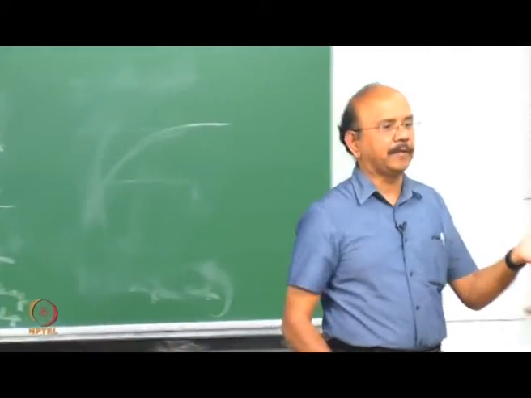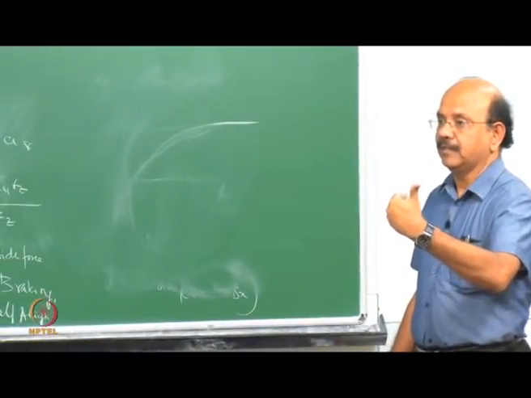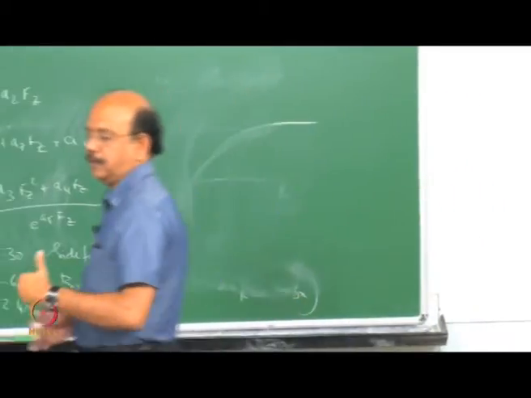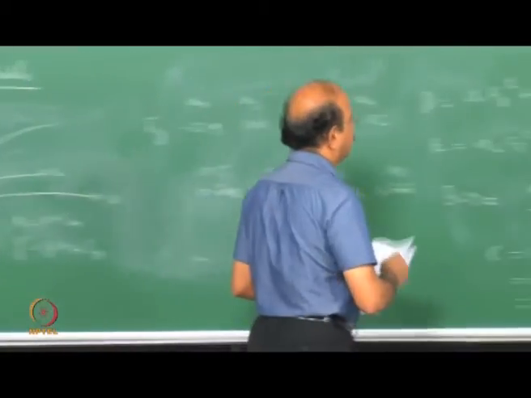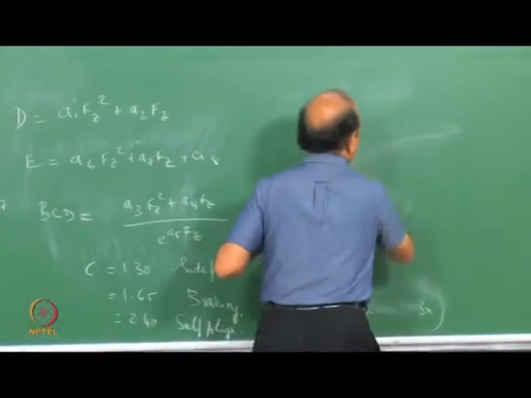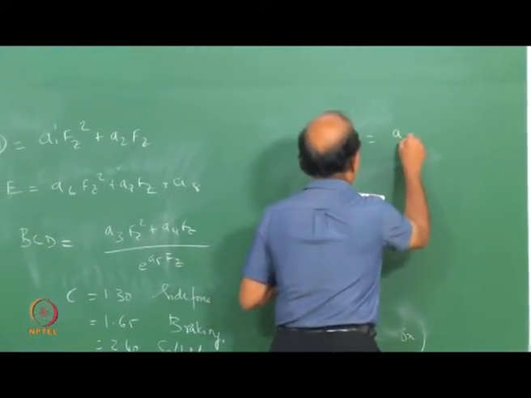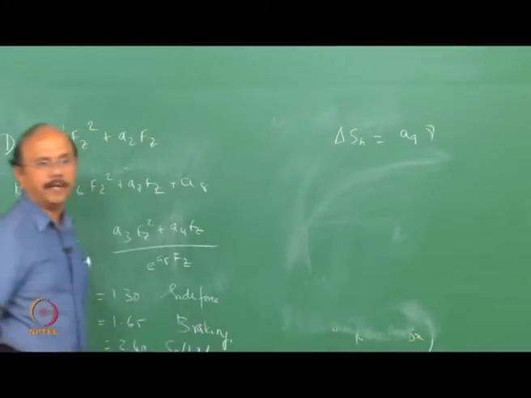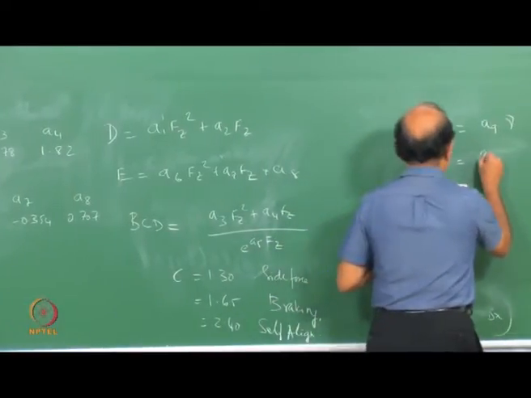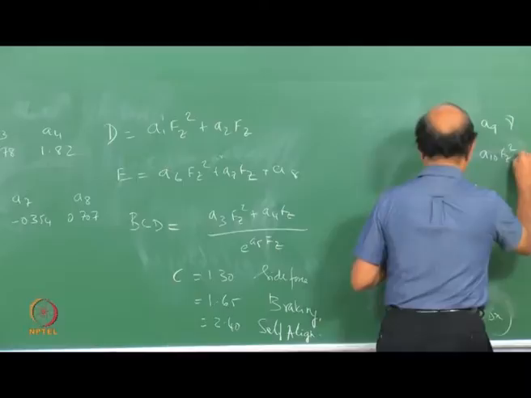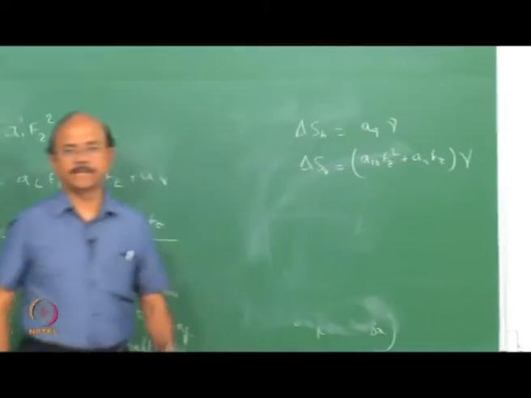Okay, we said that the camber gives you a camber thrust, or in other words, that gives you an Fy. So that would again be a shift factor. The horizontal shift factor due to camber is given by A9 gamma, where gamma is the camber angle.